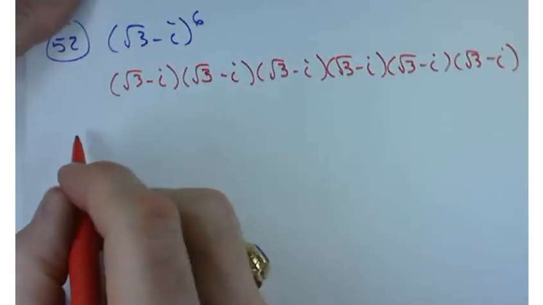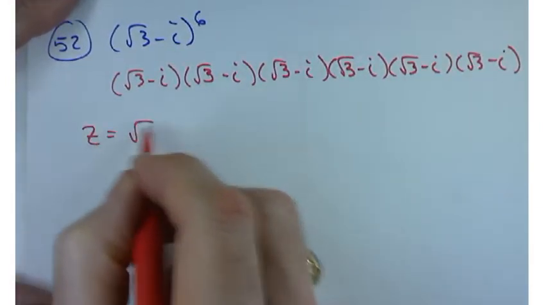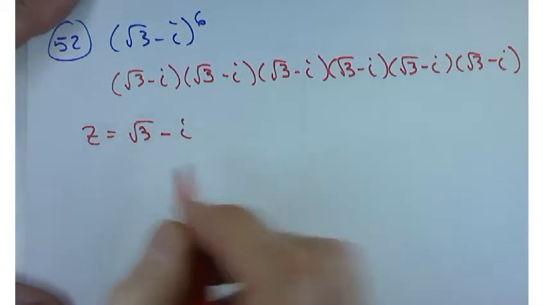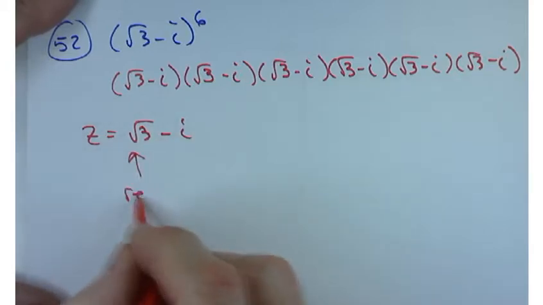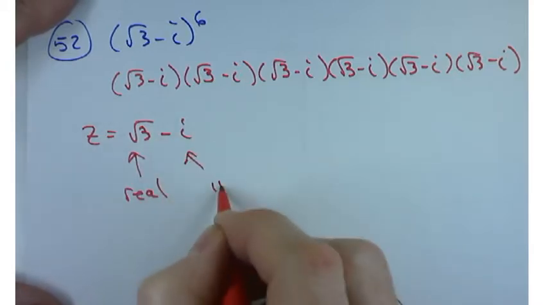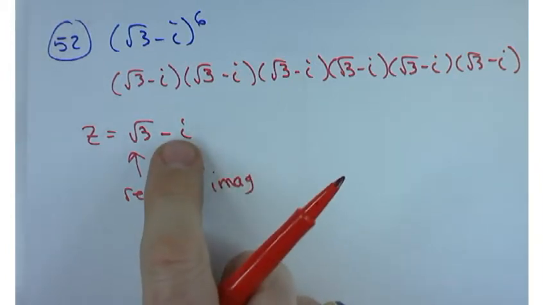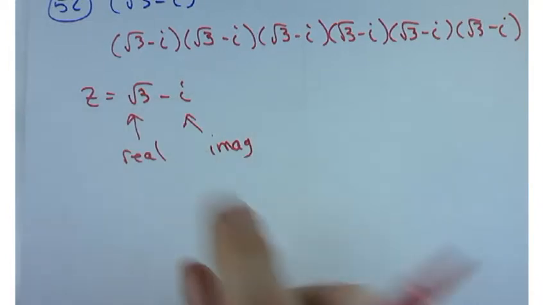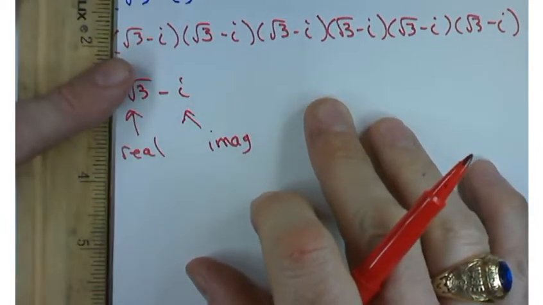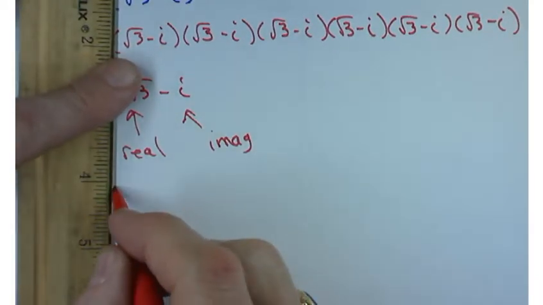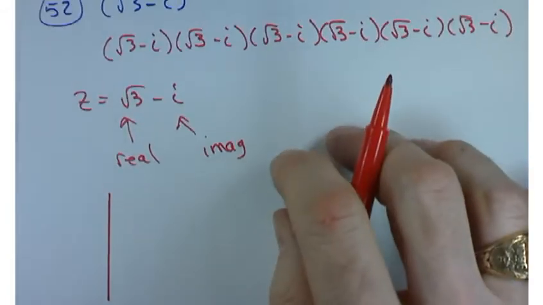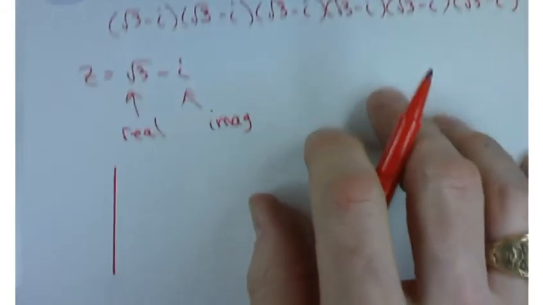Let's think about this. If z equals the square root of 3 minus i, there's your real part, there's your imaginary part. What's the coefficient of my imaginary part here? Negative 1. So let's draw ourselves a little triangle here. What quadrant should I draw my triangle in?